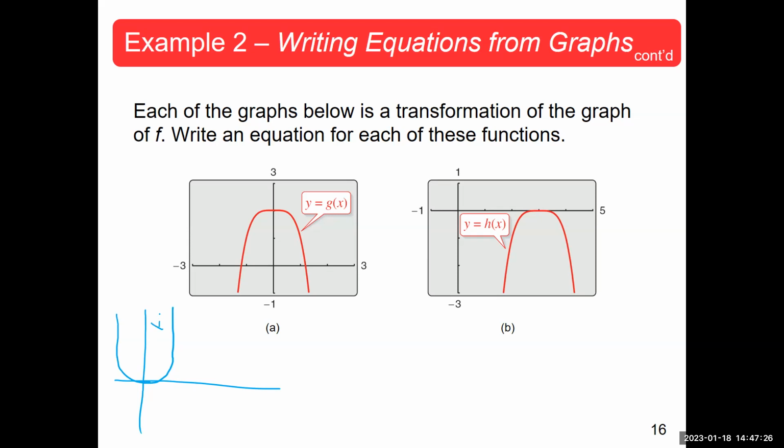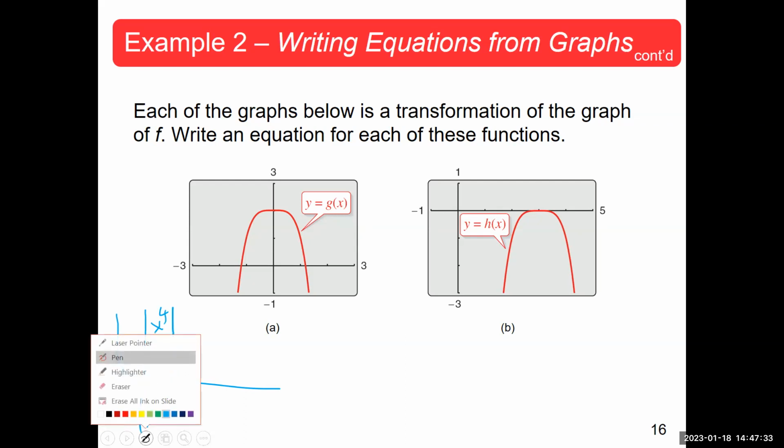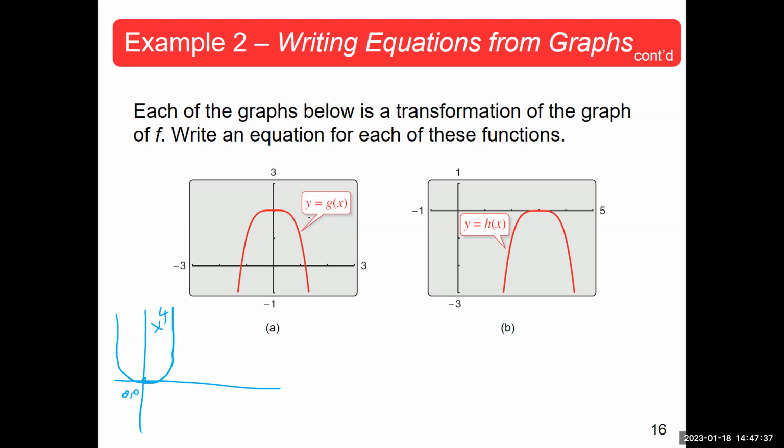So this is x to power 4, and this is 0, 0. We change the color. All right, they are asking us what the equation of the graph in A is.